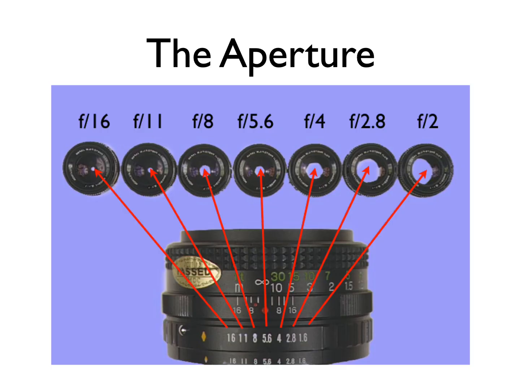So when you look at a camera lens, again, there's not room to write it as a fraction. So you'll see f16 is a very small opening, f2 is a big opening, and in between are your lens openings. So when you go from 16 to 11, you're letting in twice as much light. And if you go from 11 to 16, you're letting in half as much light.